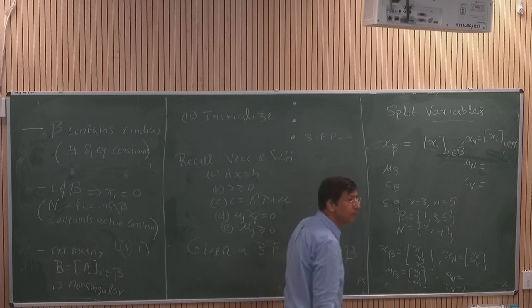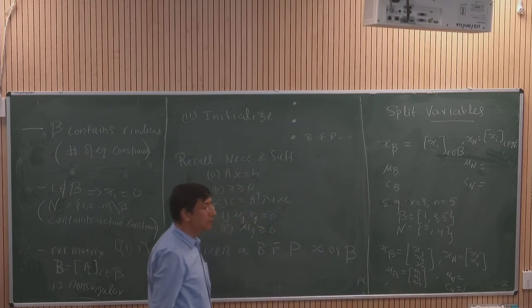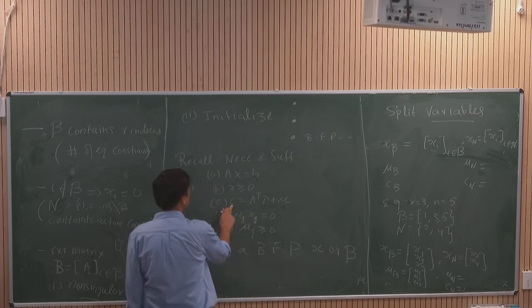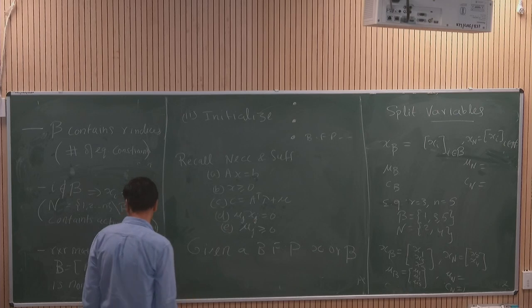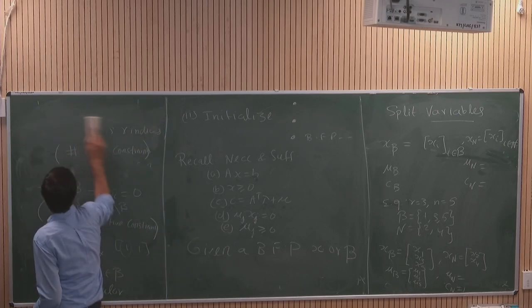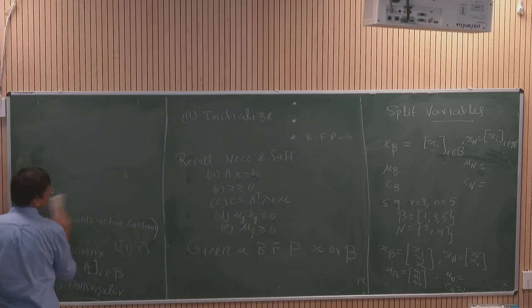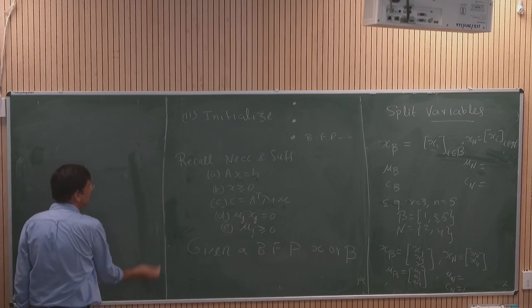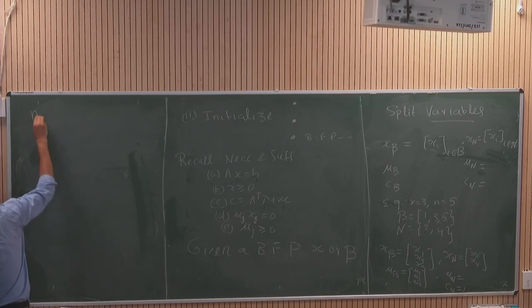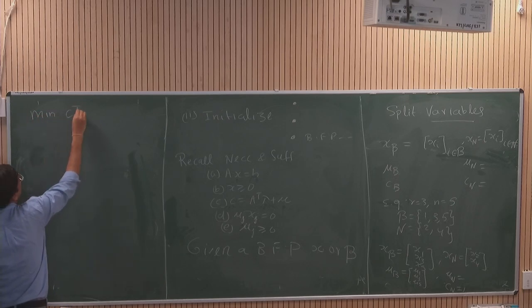c is coming from the objective function, c transpose x. I've removed the objective function. Why we are doing this will be clear in just a second. I should have left it written, I erased it.